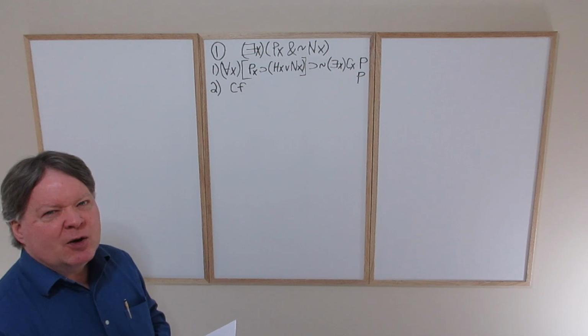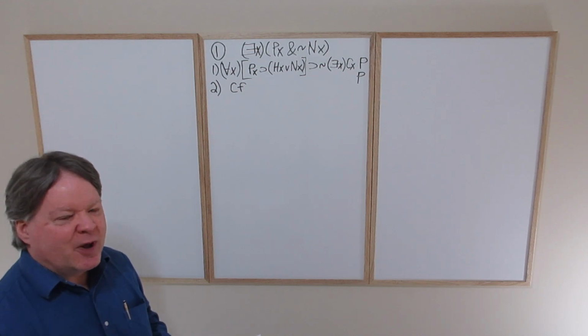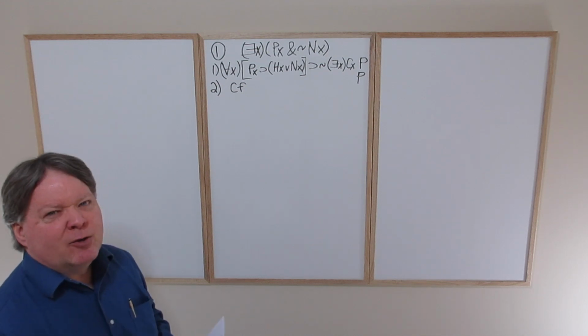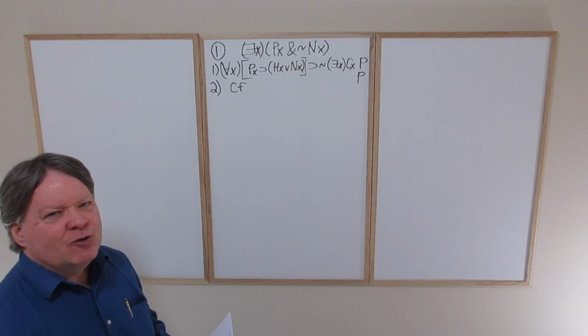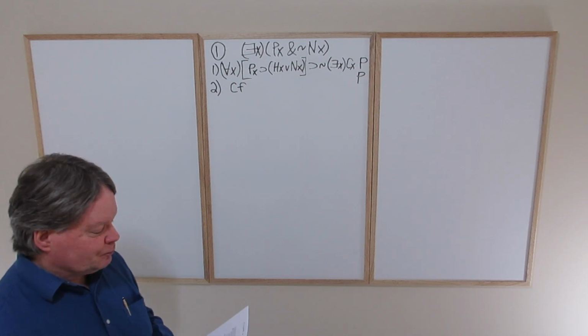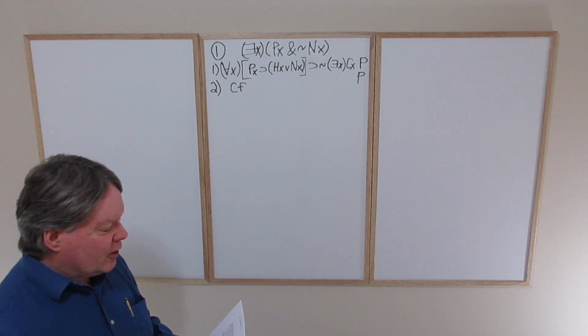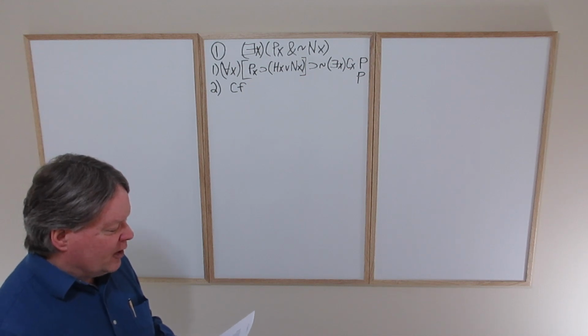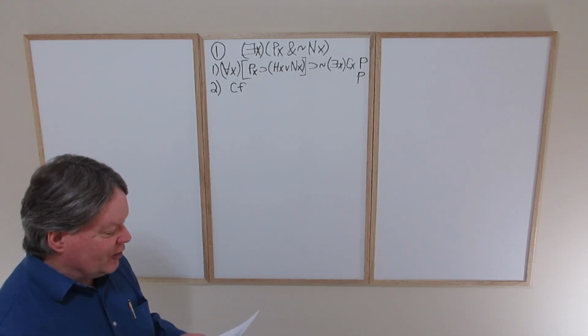Assignment 13, which I'm also putting up on the home page, just has a collection of 20 symbolized arguments. So we'll start off with argument 1 in the section on the left.